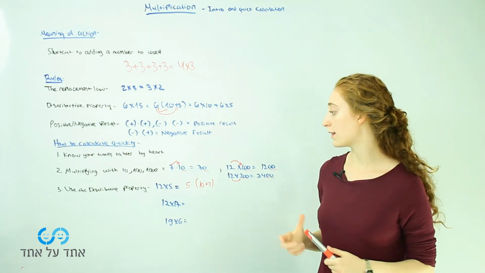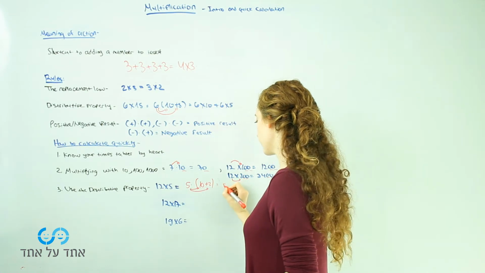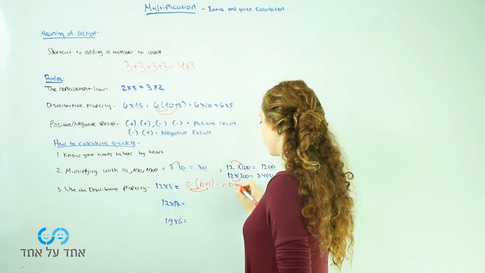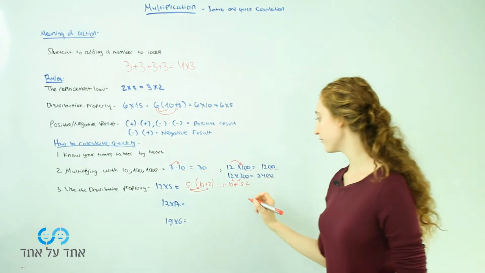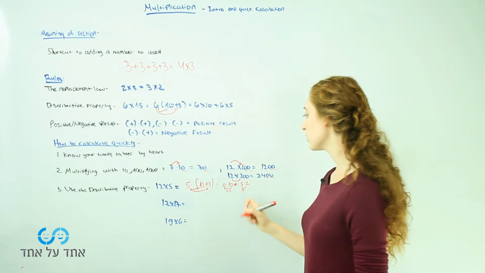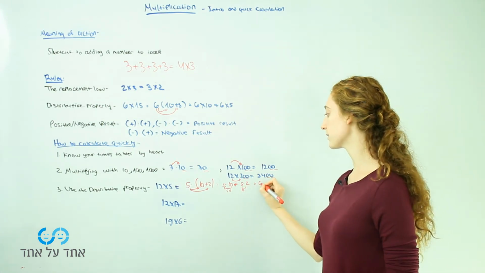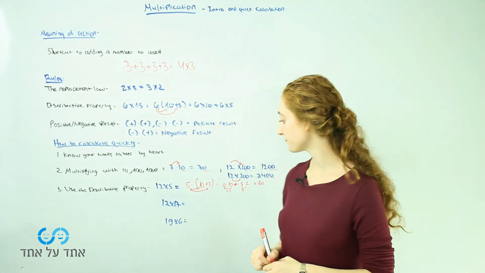This will allow me to break it up into 5 times 10 plus 5 times 2. 5 times 10 is 50, plus 5 times 2 is 10. So 50 plus 10 is 60. Okay? It's a lot easier than manually doing all the work.